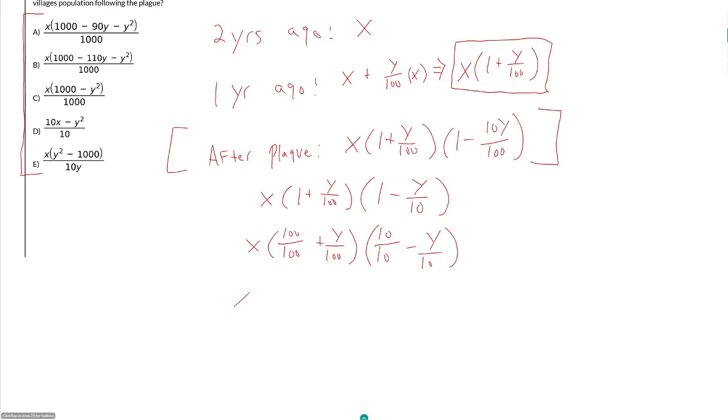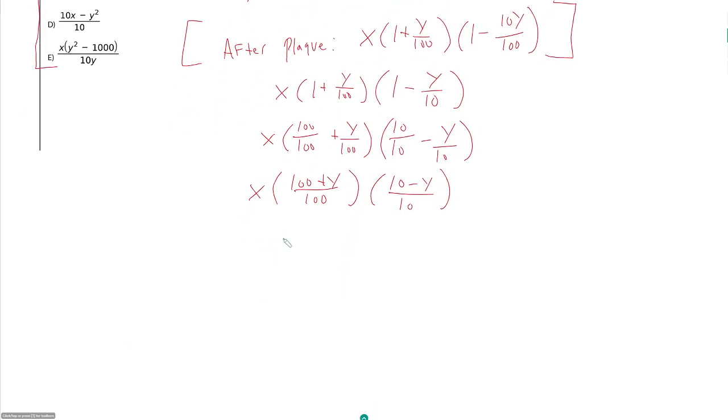So I have x times 100 plus y over 100 times 10 minus y over 10. If I want to get everything over a single denominator, I can just multiply these two fractions straight across. So I got x times 100 plus y times 10 minus y all over 100 times 10, which is just 1,000.